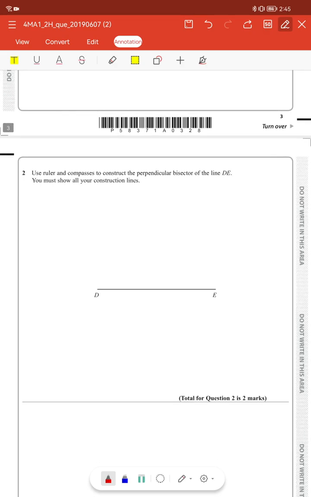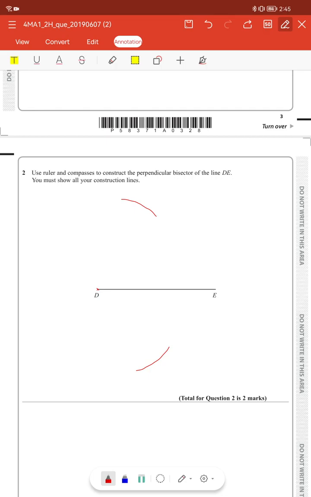Use a ruler and compasses to construct the perpendicular bisector of the line DE. You must show all your construction lines. Now, I don't have a compass or a ruler, but what you would do is place the pointy end of your compass here and stretch it to slightly more than halfway, and draw the arc of a circle on either side.